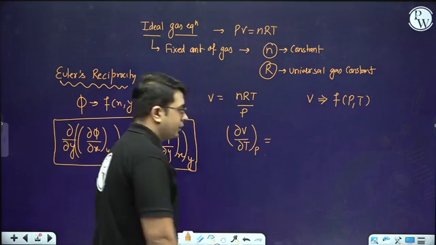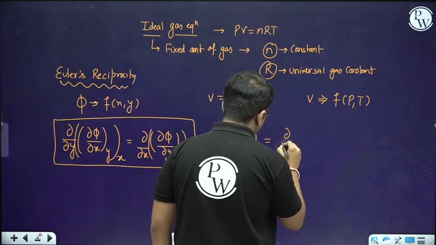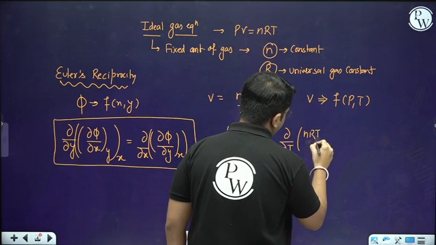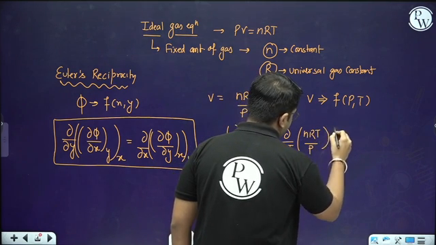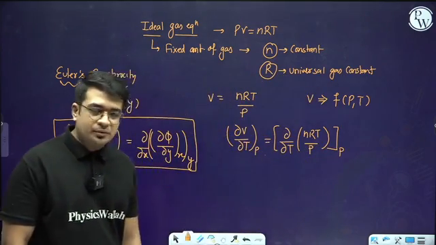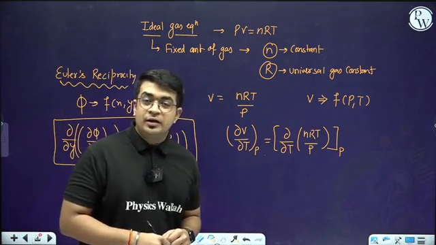Can I calculate this value? Yes, very easily. So that will be d by dT of nRT by P, and the entire part is at constant pressure. Now in this case, if the pressure is constant, the only differentiation will be of the T part.